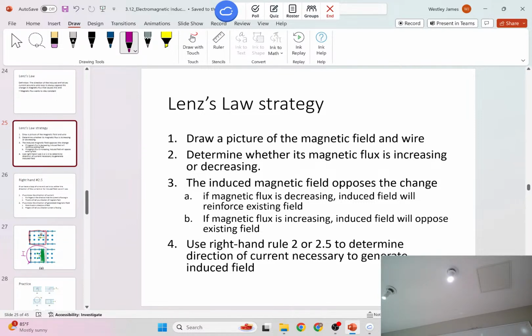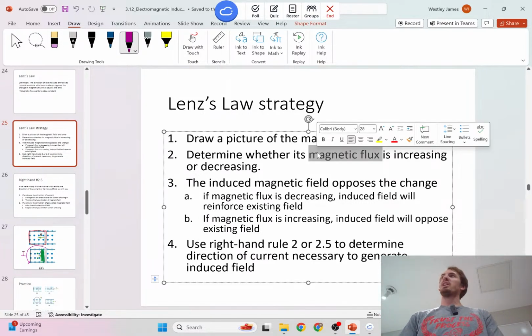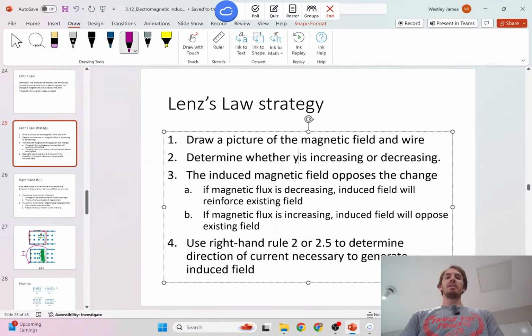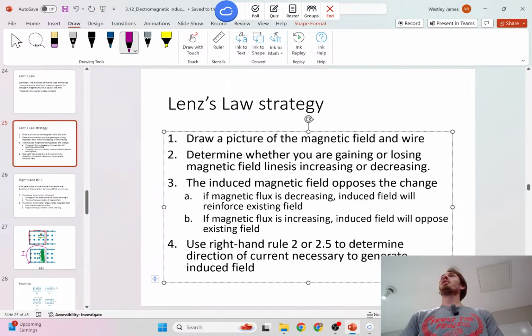I don't like the word magnetic flux the way it's used here, so let's put this in layman's terms. This is more official jargony words, but let's change this to: determine whether you are gaining or losing magnetic field lines. That's all flux is.